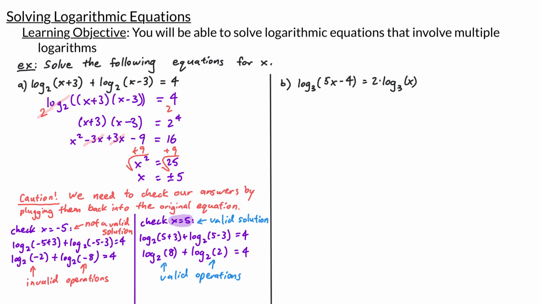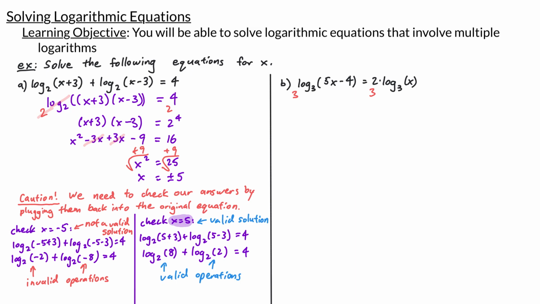Let's try another example. In example B, we have log with base 3 of 5x minus 4 equals 2 times log with base 3 of x. Once again, you might think that to cancel out the logarithms, we need to exponentiate both sides with base 3. So do 3 to the power of the left-hand side and 3 to the power of the right-hand side.